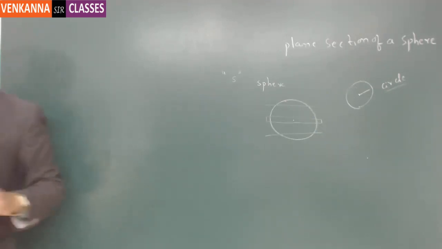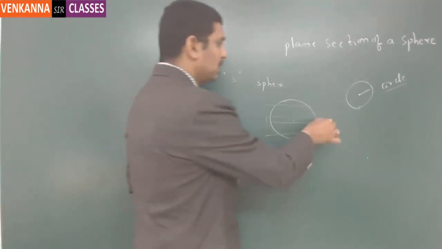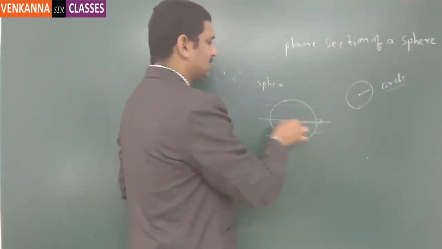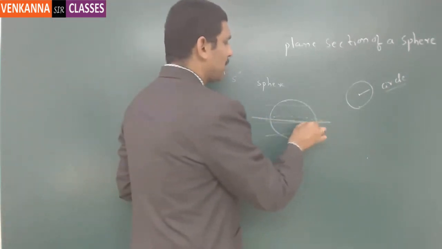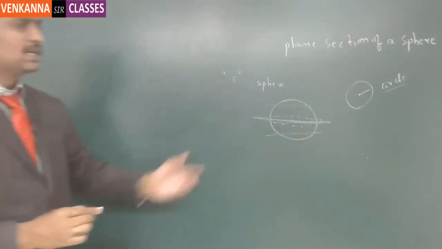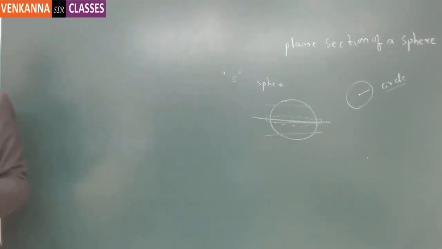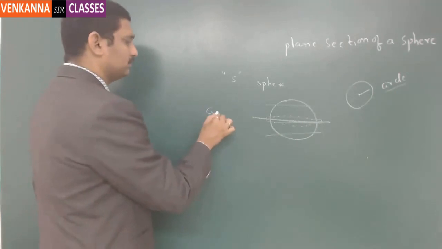Right. So if the plane passes through the center of the sphere, then the circle obtained there has the maximum radius. Such a circle we call a great circle.